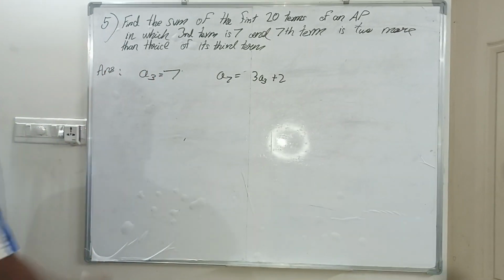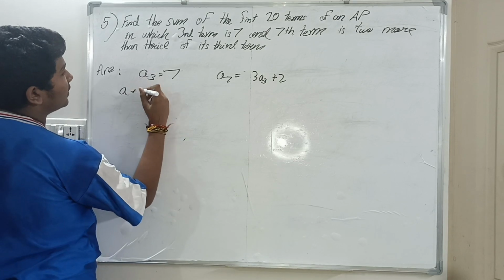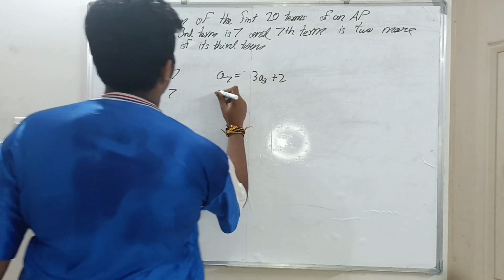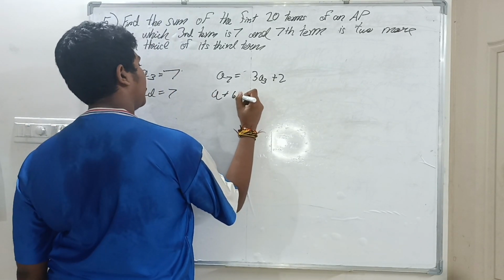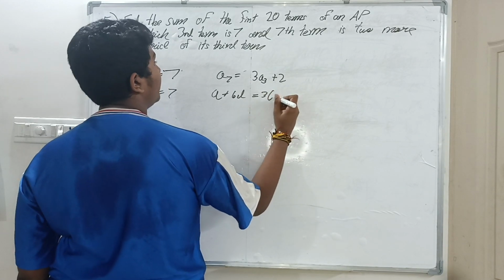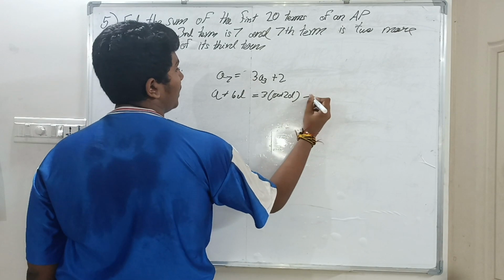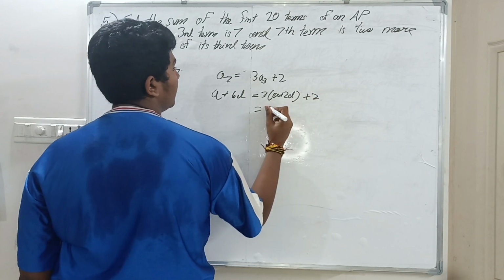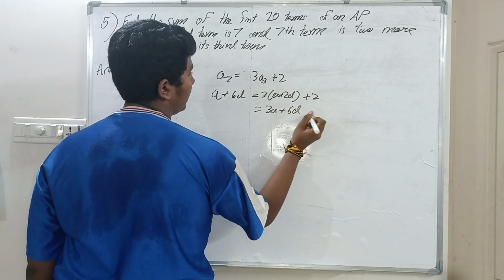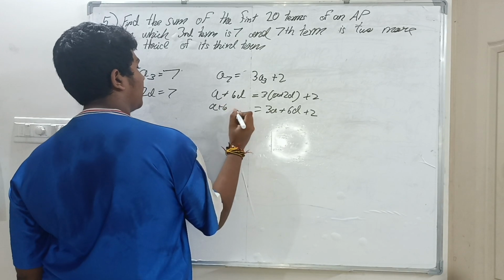This is split this way. What is A3? a plus 2d is equal to 7. And here, a plus 6d is equal to 3 into (a plus 2d) plus 2, which would be 3a plus 6d plus 2.